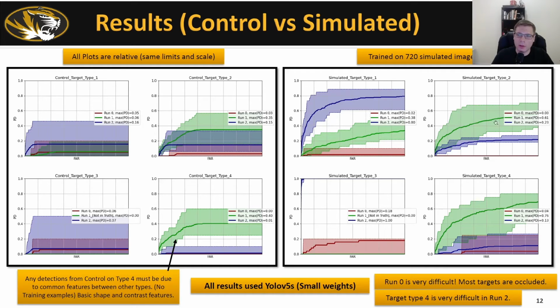On target type 2, we're not seeing too much improvement, though we are seeing a bit over the control. For target type 3, really happy to see that on run 2 we're getting 100% PD. And for target type 4, we're still not seeing the best performance, but we're starting to see some improvement over the control. So that's encouraging.